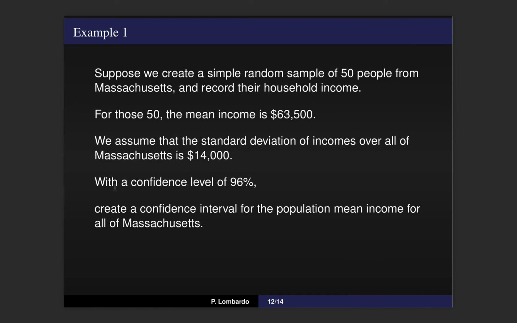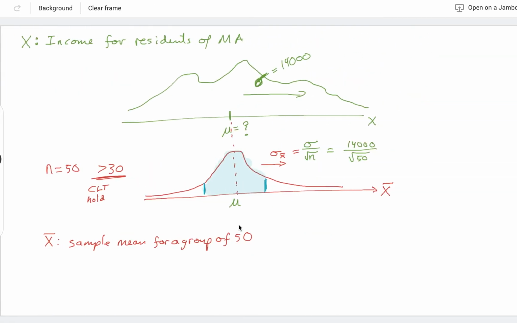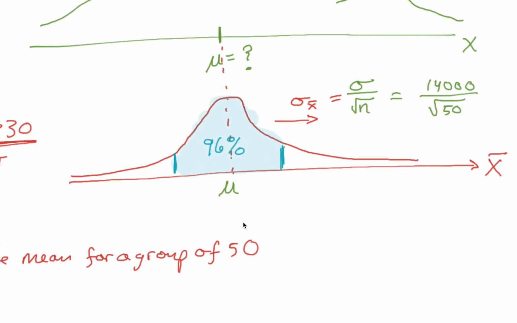So I'm using the confidence level provided in the problem, and I'm thinking about that as the middle percentage for my sampling distribution. Now what this means is that when I go out and grab a random group of 50 people from Massachusetts and compute their mean income, 96% of the time, it should fall in this little blue region.